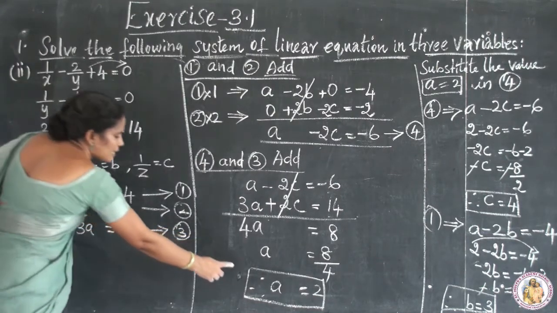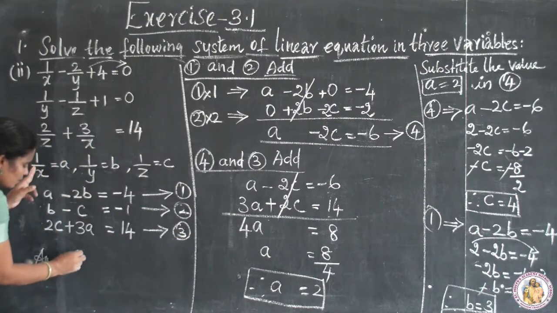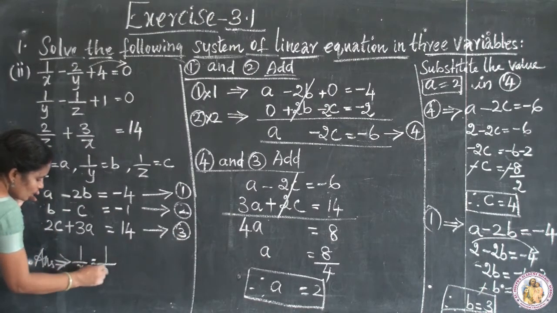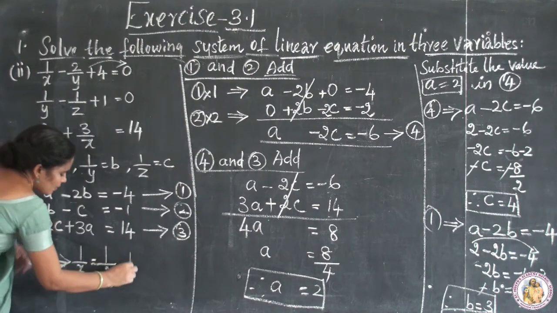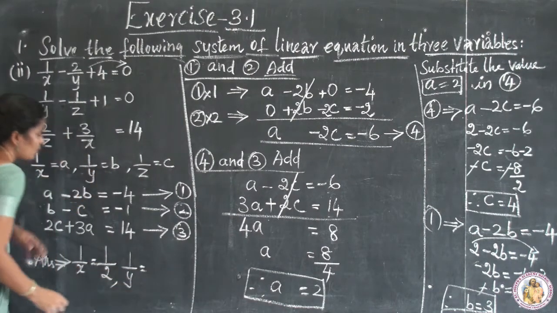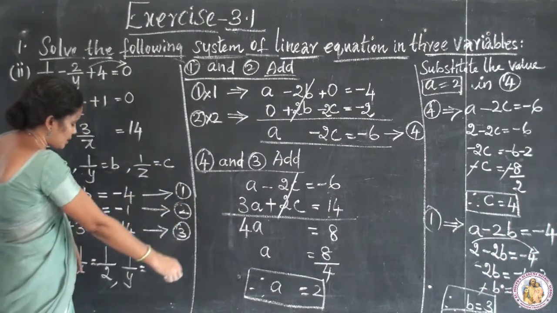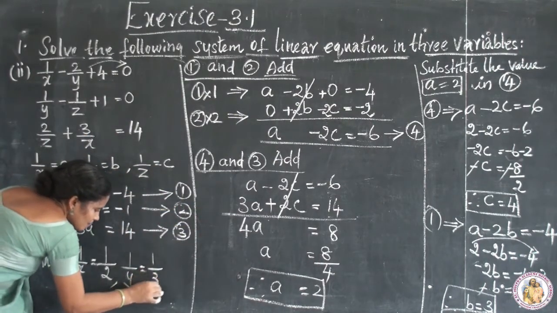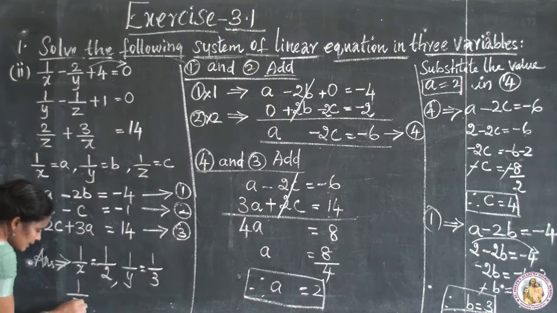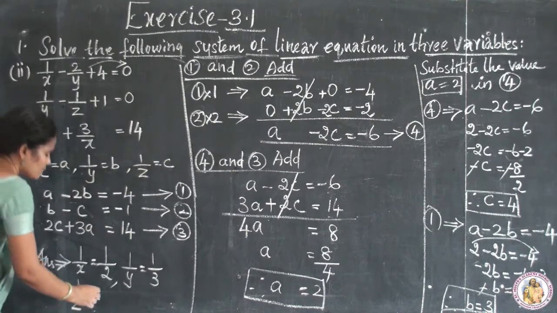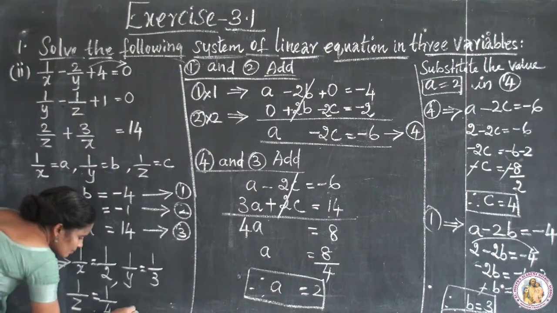We have found a is equal to 2, so therefore 1 by x is equal to 1 by 2, and 1 by y is the value of b, which is 1 by 3, and 1 by z is equal to the value of c, which is 4, so 1 by 4. Okay.